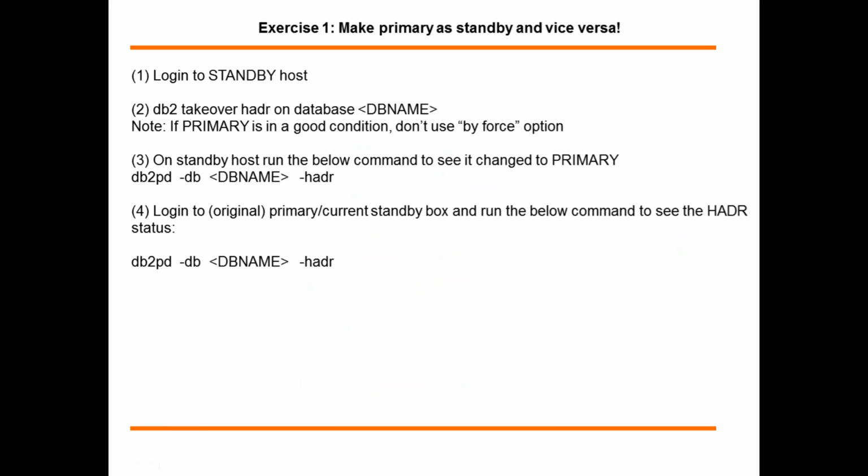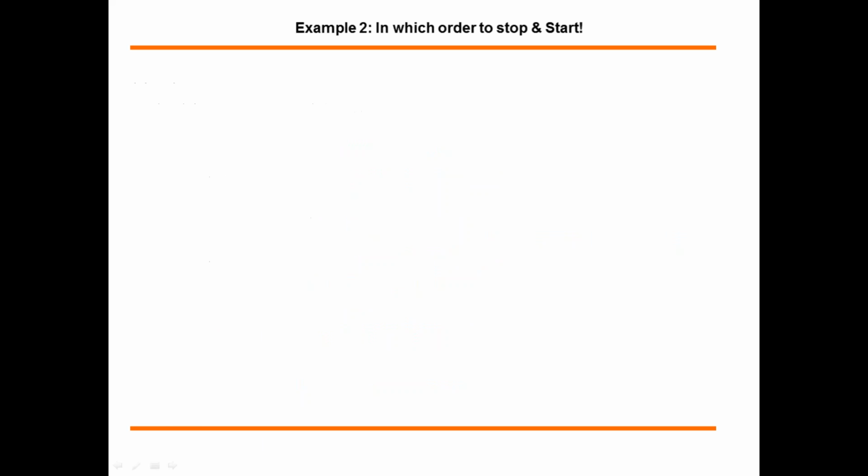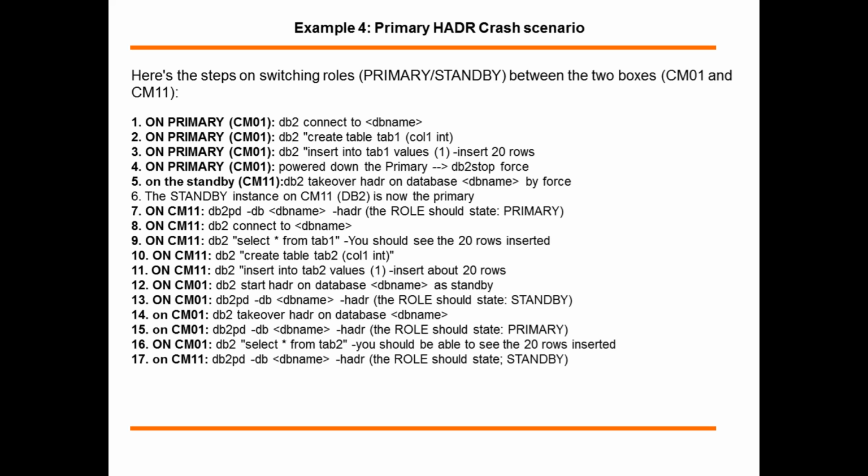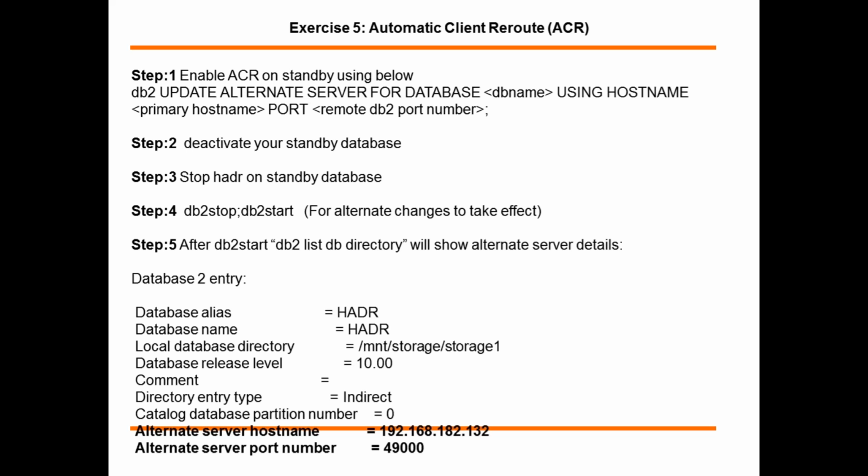Once your HADR setup is completed, how do you make primary a standby and standby a primary? In which order you stop? What happens if a primary HADR is crashed? There are other scenarios, like automatic client reroute. We can talk about that later once you are comfortable up to this point.